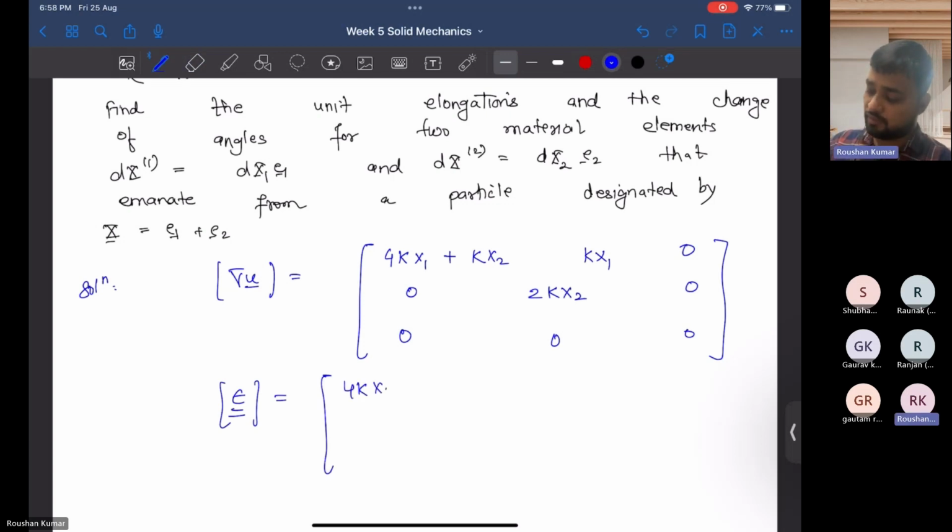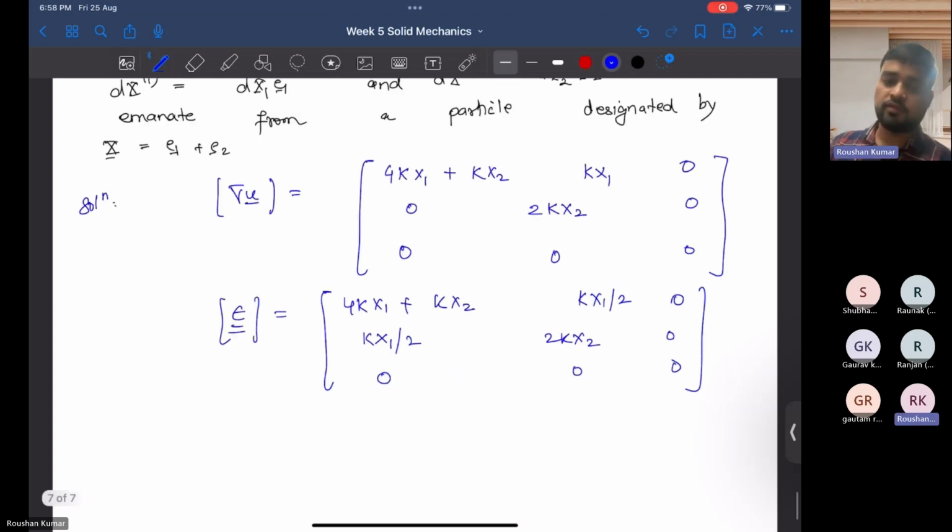So the diagonal elements will be the same. Okay, so this is the infinitesimal strain tensor.